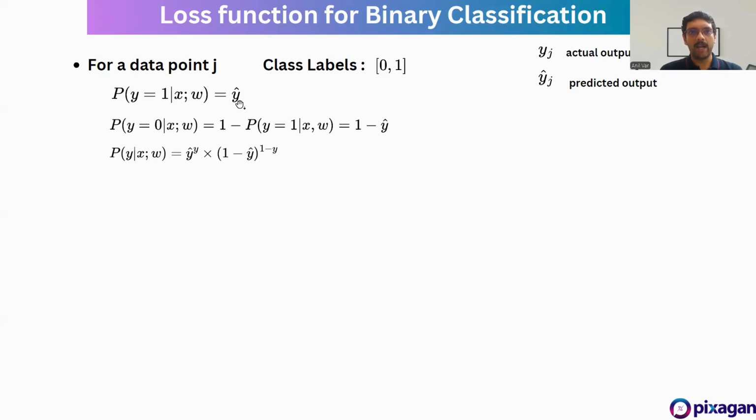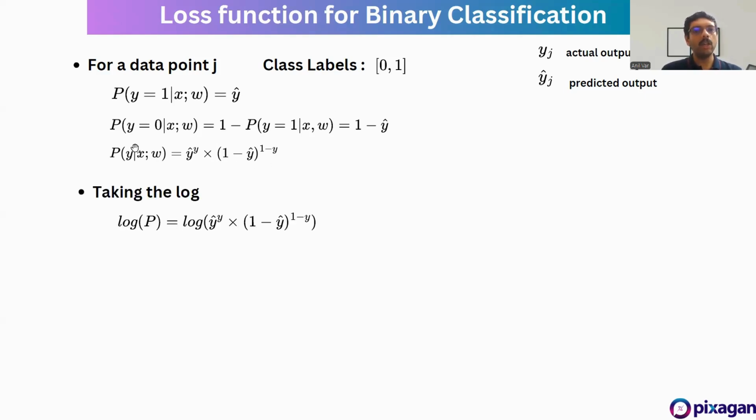On the other hand, if the label y is 1, then y hat to the power of 1 is y hat, and 1 minus y hat to the power of 0 is 1. You're left with y hat. So this effectively reduces to these two cases, and these are the only two cases that are possible. So this becomes a general way to define this probability.